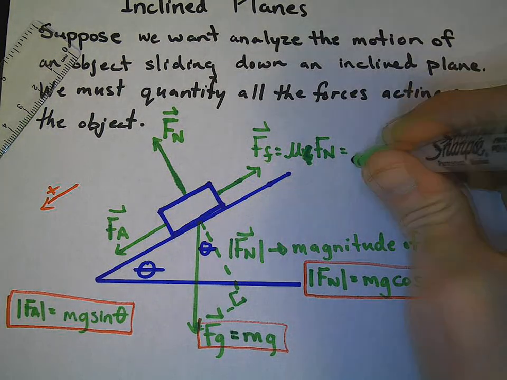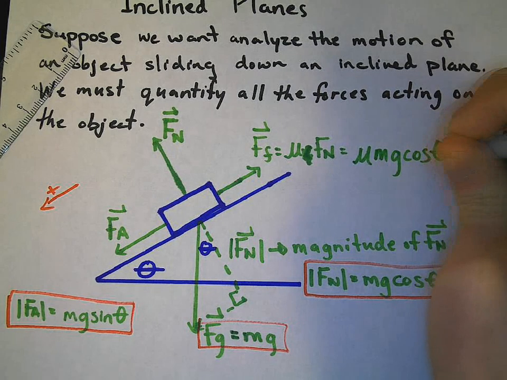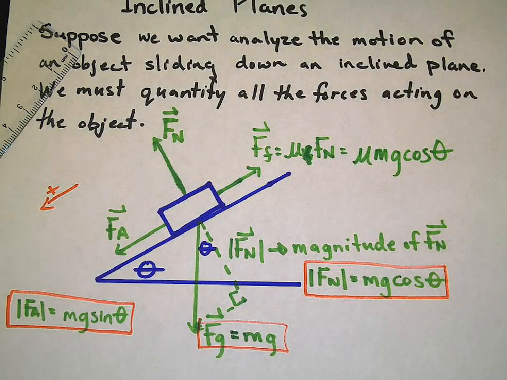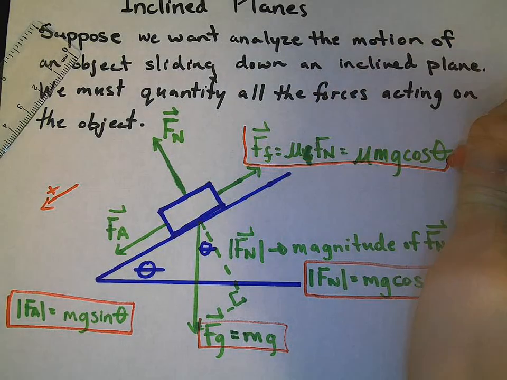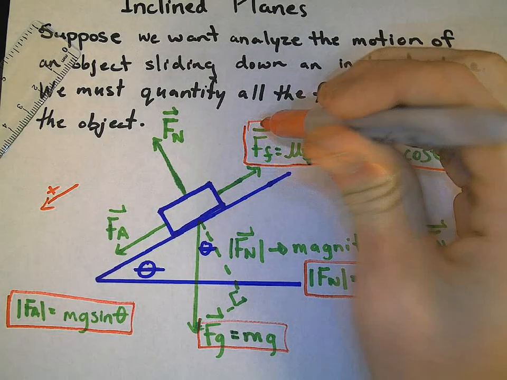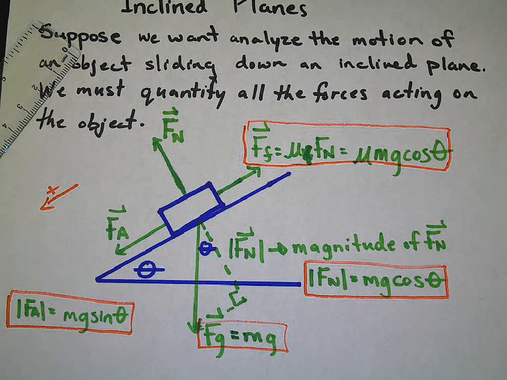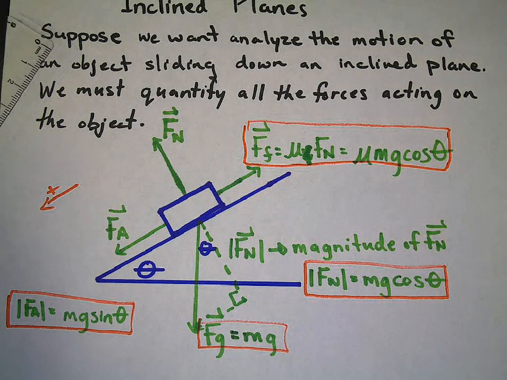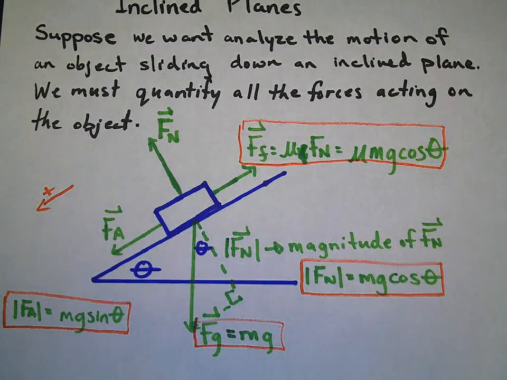So this will be mu mg cosine of theta. So we now have a way to quantify all of our forces that are acting on an object as it slides down the plane. So we now have made each of our inclined plane problems into merely a geometry problem. And I do have a few examples that I am going to go through with you to make sure that we get this understood.